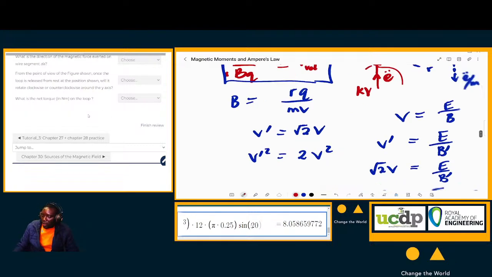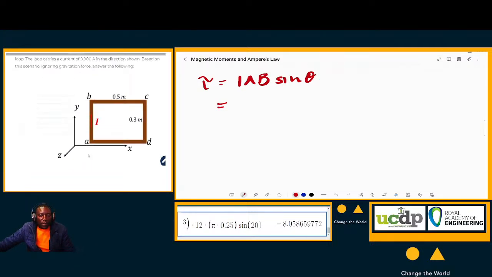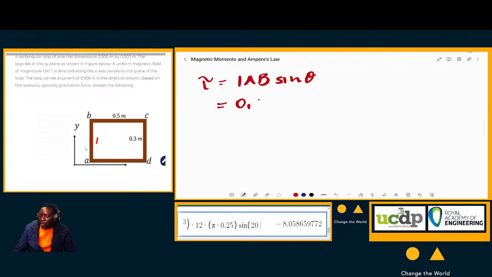So we have to calculate that net torque using the same IA. So torque equals IA cross B, multiplied by B and sine theta, which is the current given there is 0.9. So you have 0.9 multiplied by the area 0.5 multiplied by 0.3. Then B is 1.5 Tesla, and sine of the angle in this case is 90.